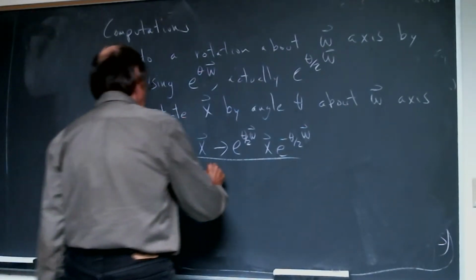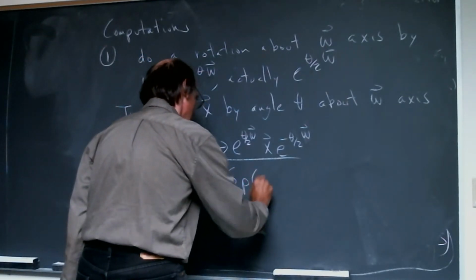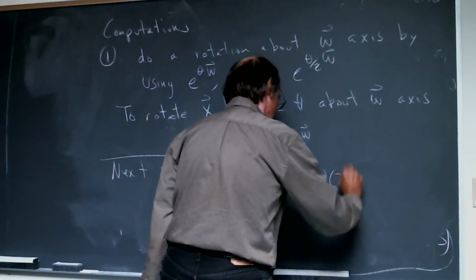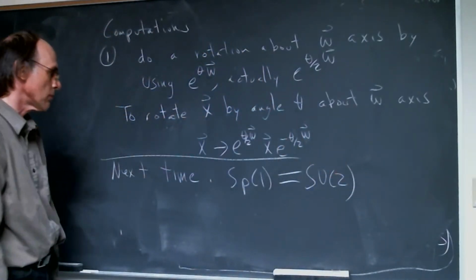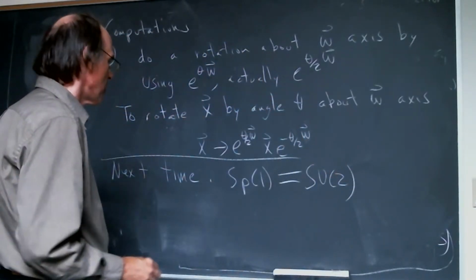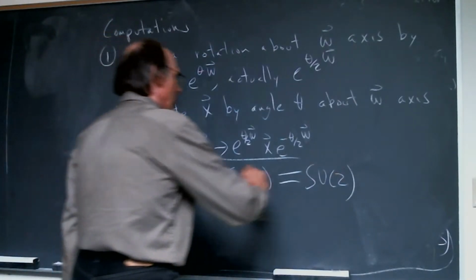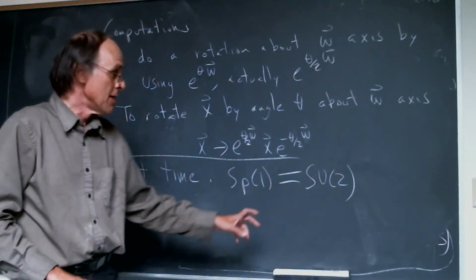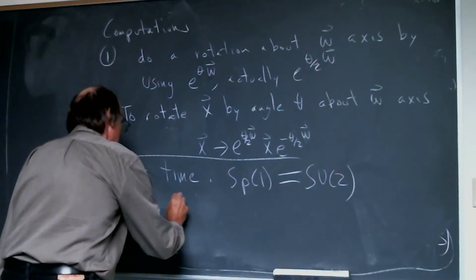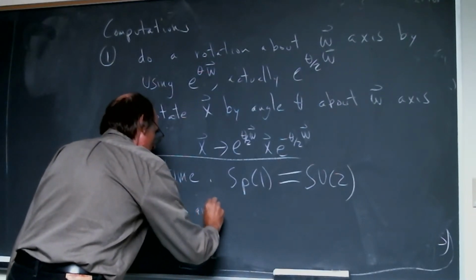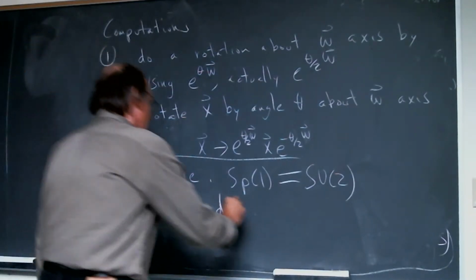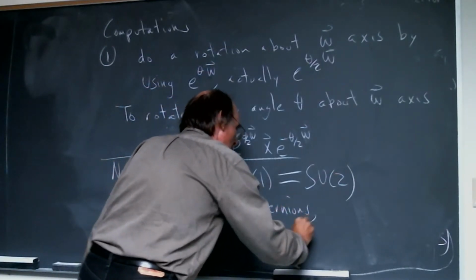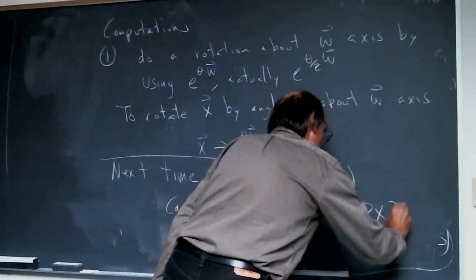What you can do is find that SP1 is isomorphic as a group to SU2. So let me start with this next time. You can do everything avoiding quaternions, and you use 2x2 complex matrices.